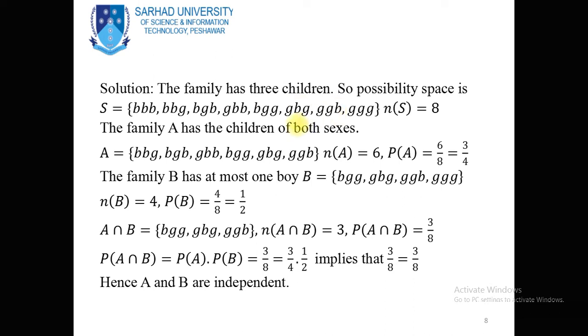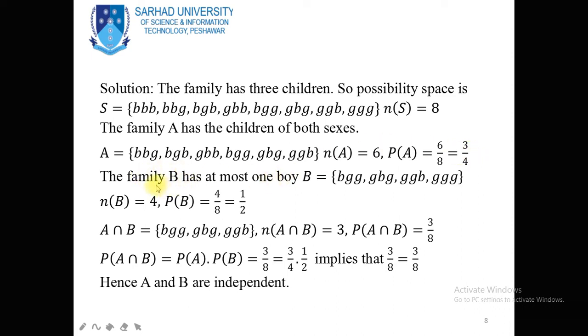So there are six possible outcomes for this choice. You see over here: BBG, BGB, GBB, BGG, GBG, and GGB. Now the number of outcomes in event A is equal to 6. So the probability of event A is 6 by 8, which is equal to 3 by 4.